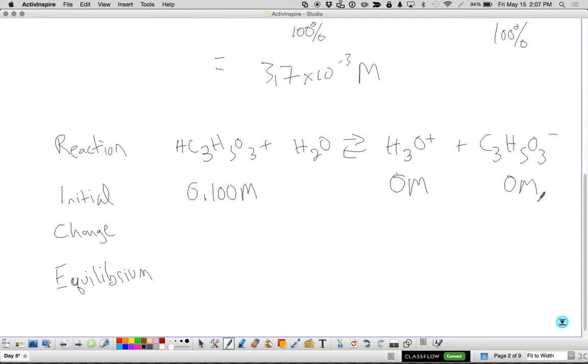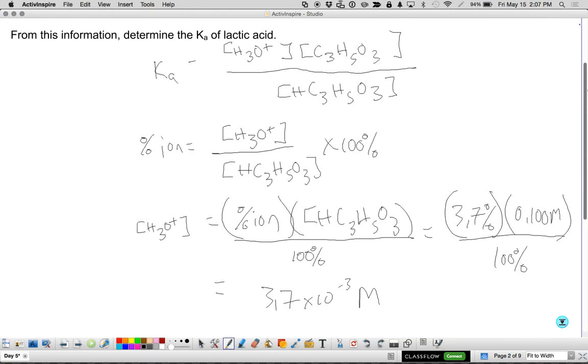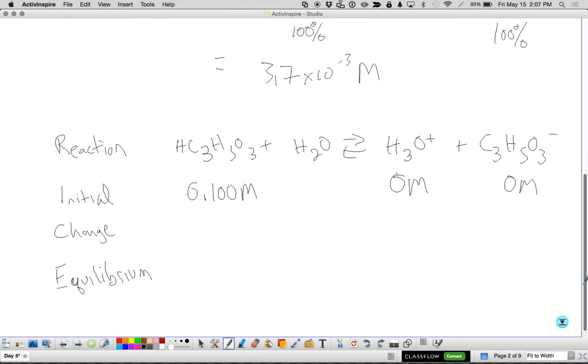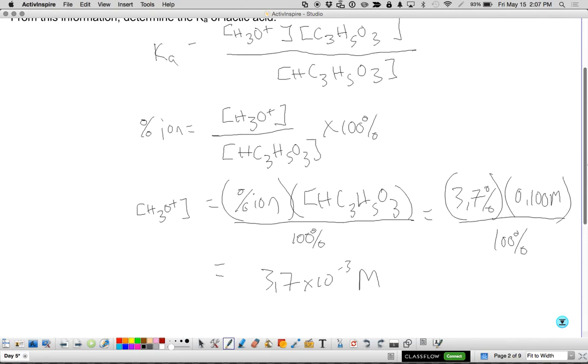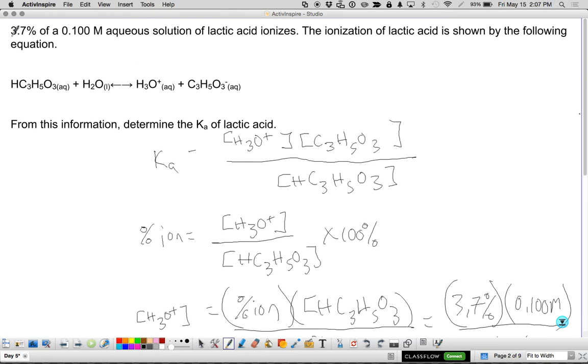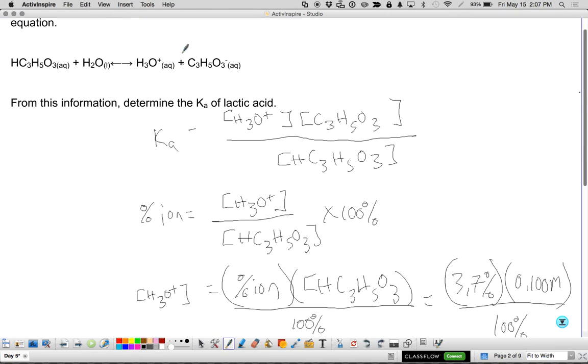And then what we're going to do is, we know from here that our concentration of H3O+ is this. Now, where does that fit into this table? Well, this concentration of H3O+ we got from the fact that 3.7% of the solution ionizes. Well, if it ionizes, that means that it's formed the ions that we're talking about, right?